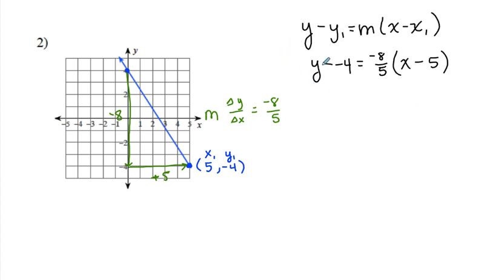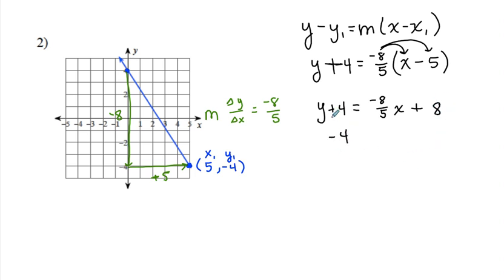Cleaning this up a little bit, I've got a minus the negative that I'm going to rewrite as a positive. So now I've got y plus 4 equals, I'm going to distribute this negative 8/5 into the parentheses. So negative 8/5 times x is negative 8/5 x. And negative 8/5 times negative 5 is positive 8.